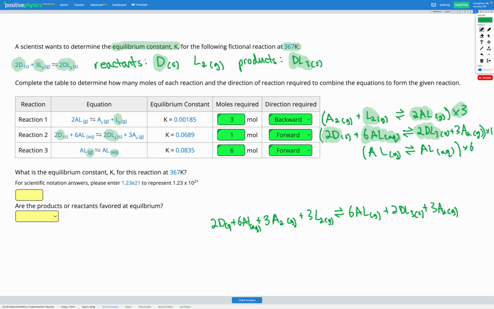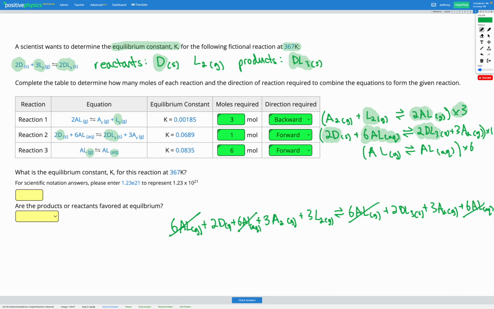Finally, we've got 6 sets of equation 3. So we've got 6Al gas in our reactants, and we've got 6Al aqueous in our products. Now we need to see if there's anything we can cancel. We've got 6Al gas in both the reactants and the products, so that is going to cancel out. We've also got 6Al aqueous in both the reactants and the products, so that's going to cancel out.